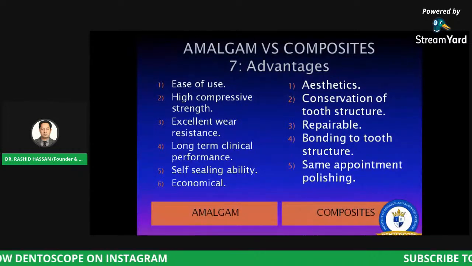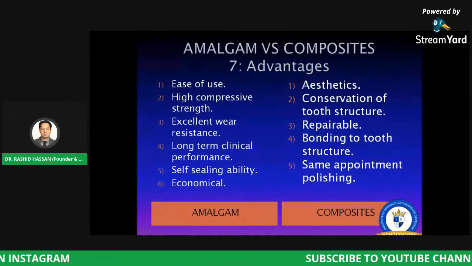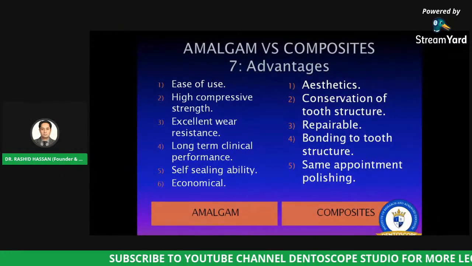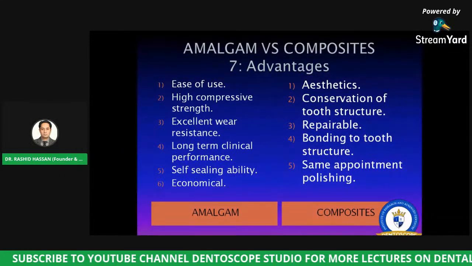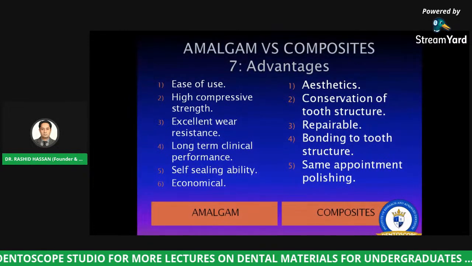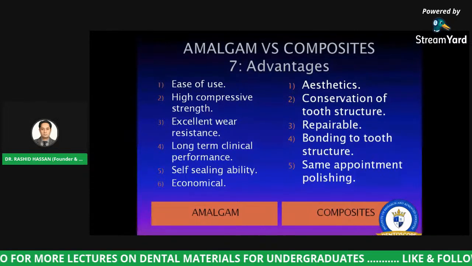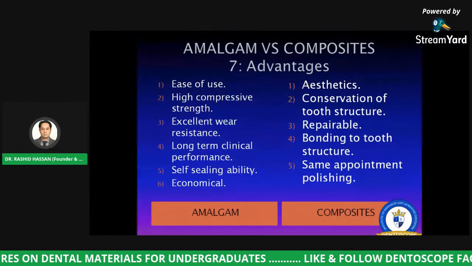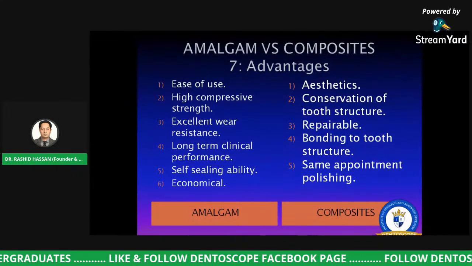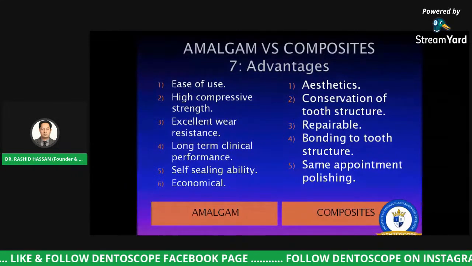As we know, dental amalgam is not commonly used now, but in preclinical practice, where you work on the phantom heads, dental amalgam is still used, because the teachers and trainers are basically trying to teach you the exact cavity preparation.